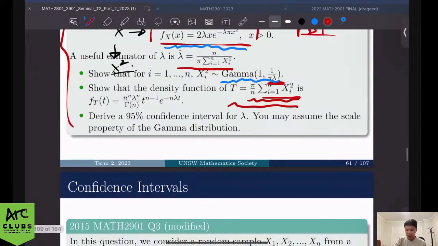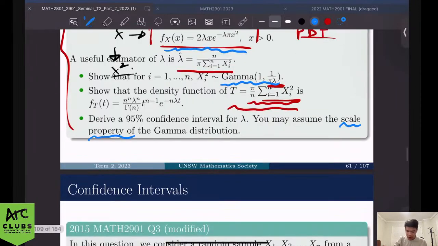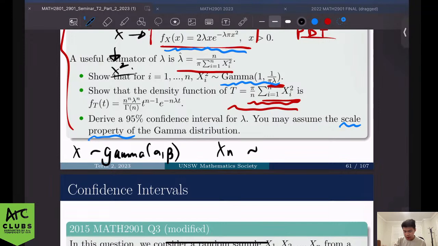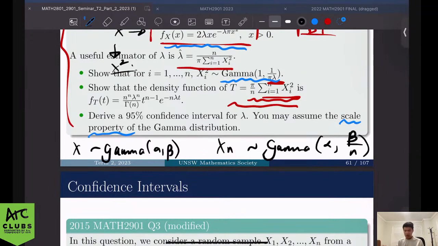You can use what's called the scale property of this gamma distribution. And what that is basically, if you've got a gamma random variable, then if you multiply X by a number, it's equivalent to multiplying the second parameter by 1 divided by that number. Okay, so multiply by something, you divide the second parameter by that same something.